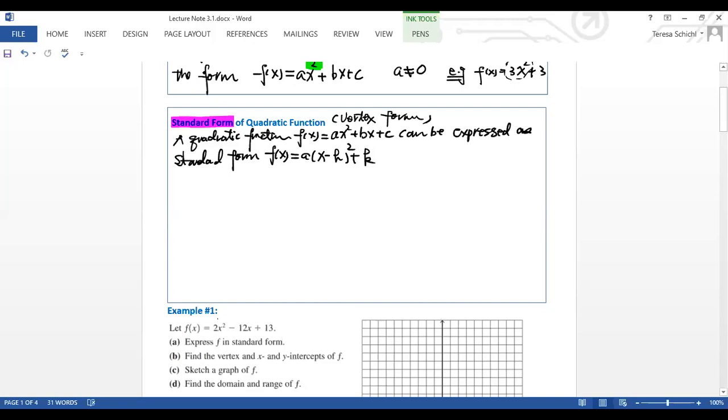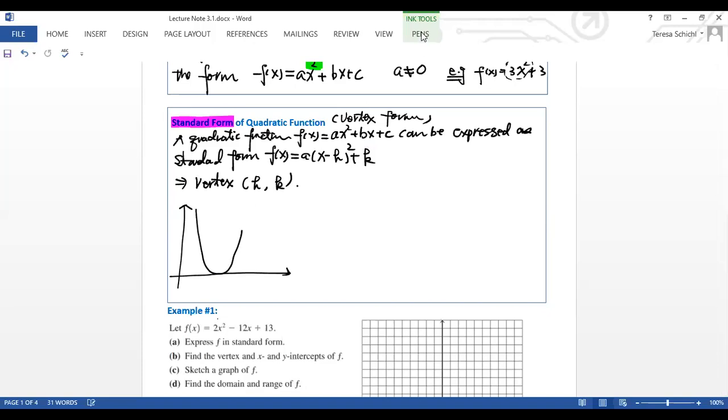Okay, the reason why we call it the vertex form is because the vertex is at (h, k). So your quadratic is going to look something like this.